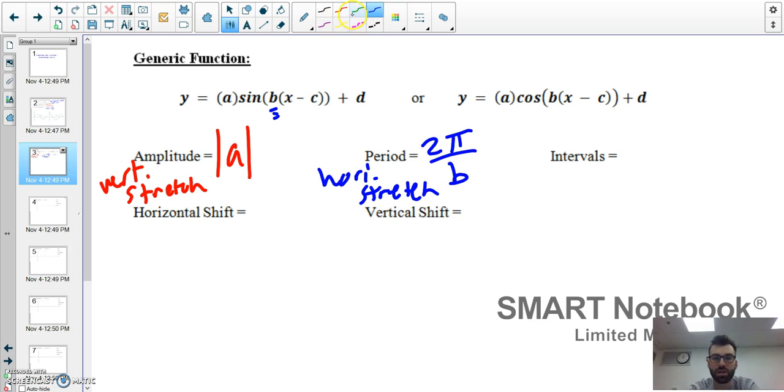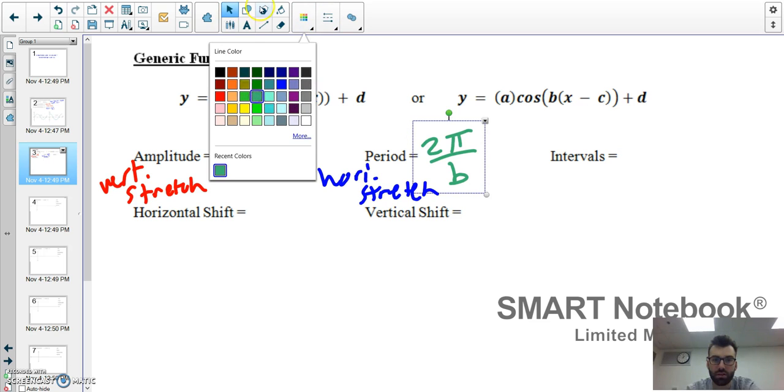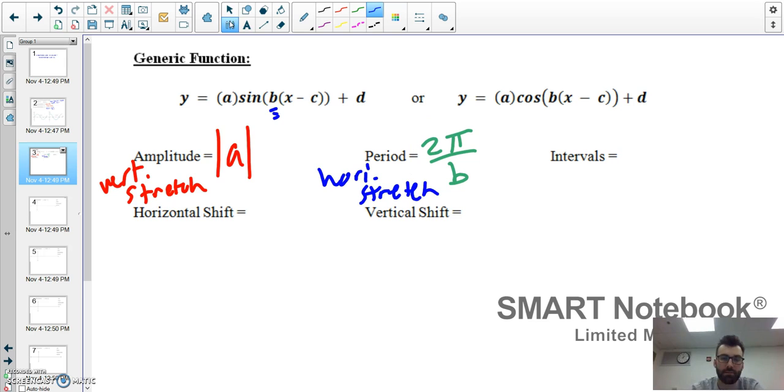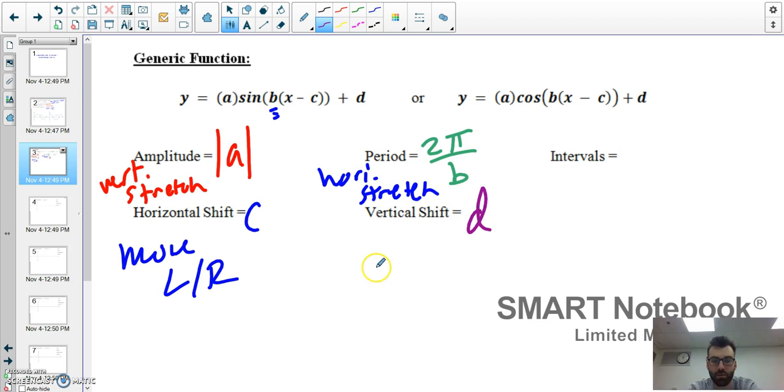Or horizontal shift, actually I'm going to make this one green here. The horizontal shift comes from our C value, and it moves left or right. Our vertical shift comes from the D value, and D moves up or down, which we'll talk about in our next video.